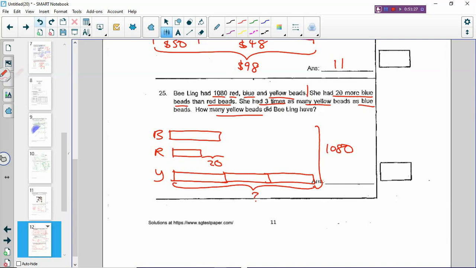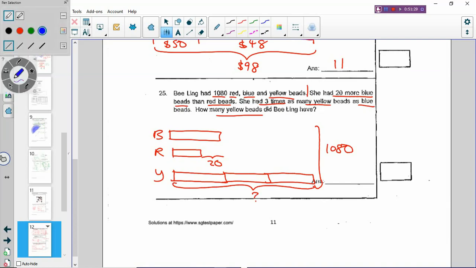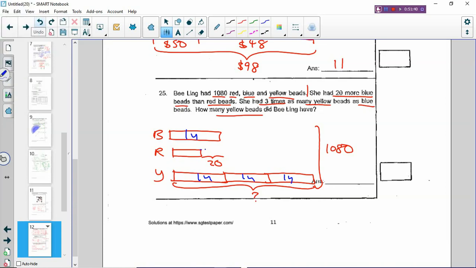Okay, so what do you do? Now, the purpose of model drawing is to make units out of the model. Create your units. So where are the units? Over here, right? All these are the equal boxes, so you call it 1 unit. The red rectangle, you stretch it to become another unit. So that is the purpose of model drawing, to make units out of the model.